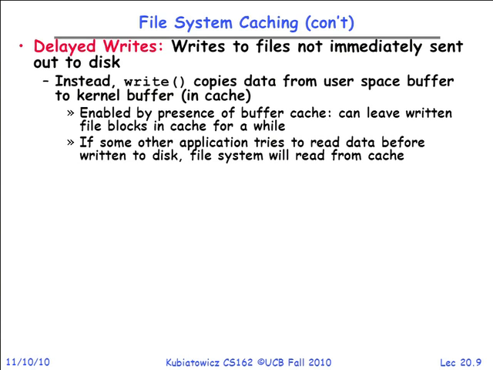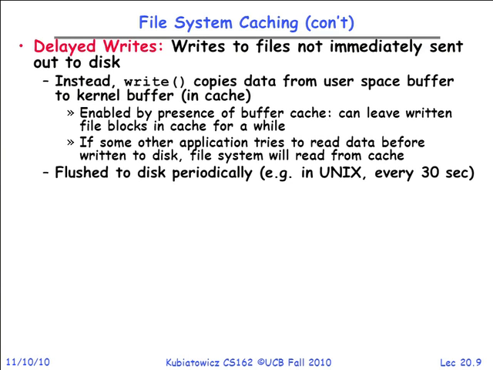Question? Yes? What situations cause that dirty data in the buffer cache to actually be written? Time is basically the answer to your question. Two things will happen. One is if your buffer cache overfills, then it's got to be written back.